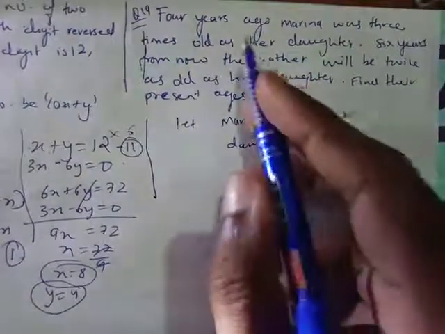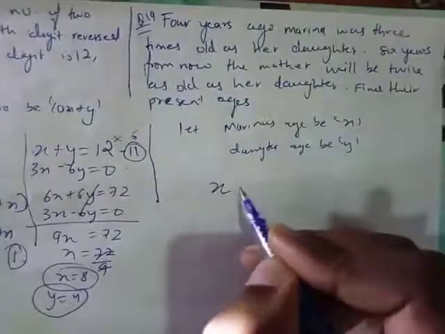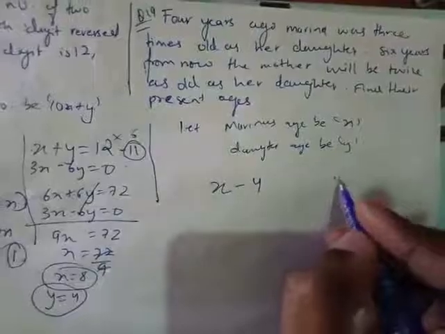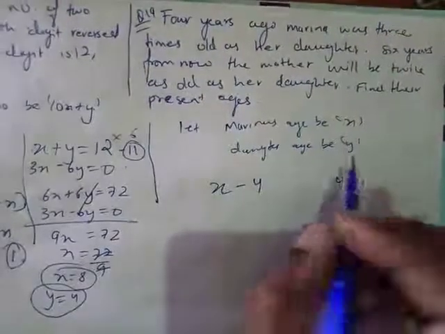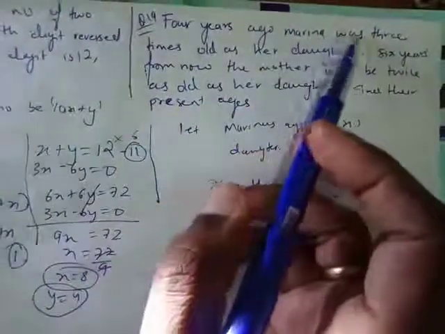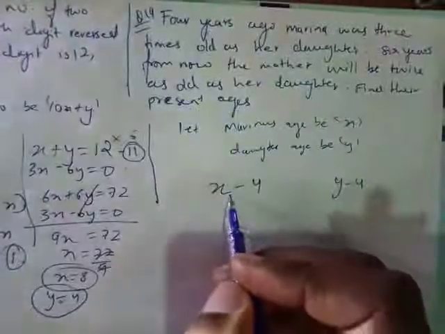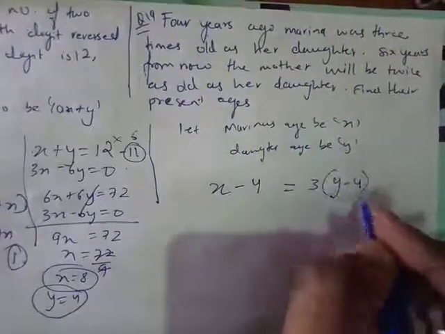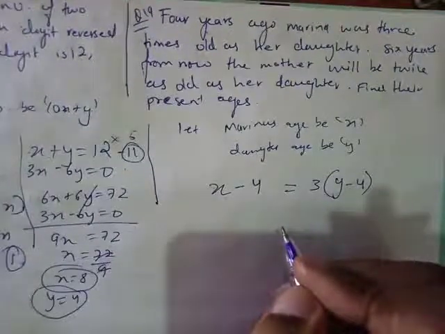Now they said 4 years ago, so we go back 4 years in the mother's age and also 4 years in the child's age. So 4 years ago, Marina, the mother, was 3 times as old as her daughter. So this is my first equation.